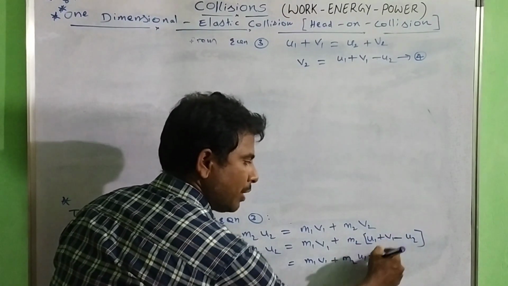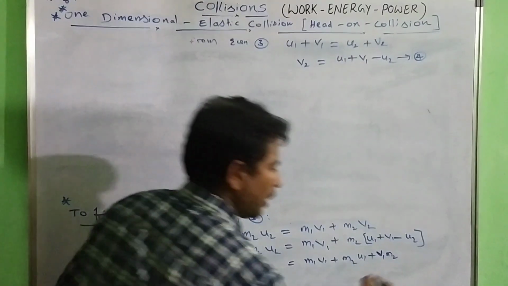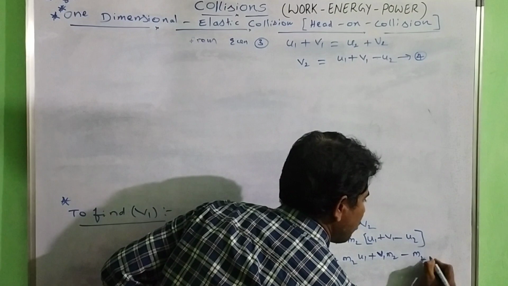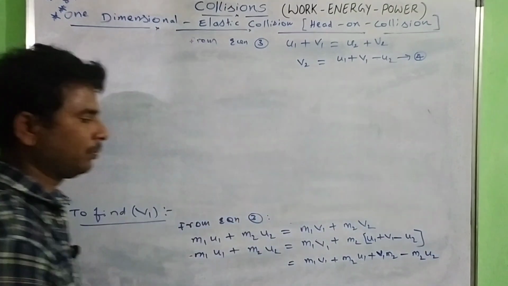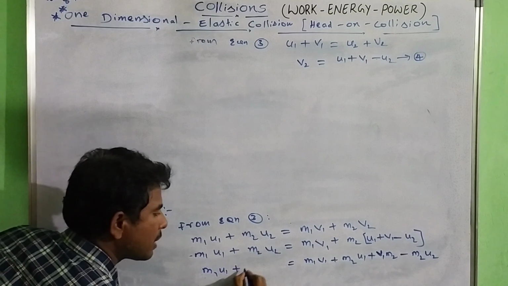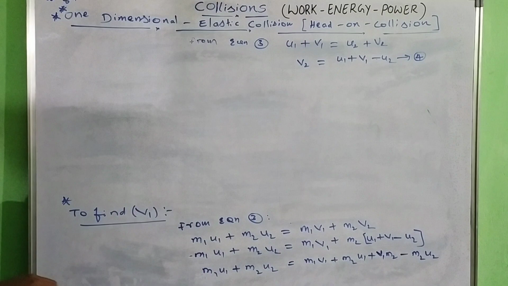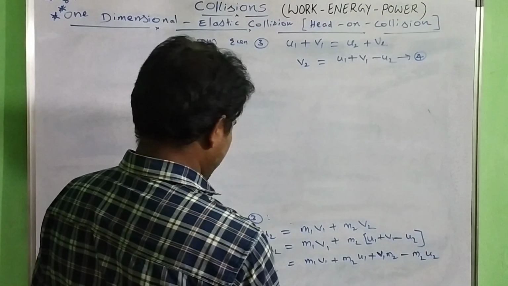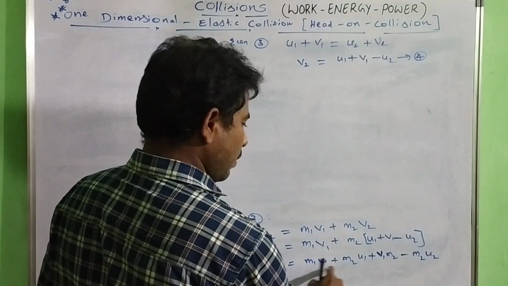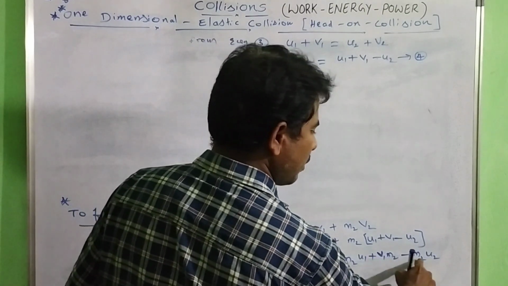Again substituting, m1 u1 plus m2 u2 equals m1 v1 plus m2 u1 plus m2 v1 minus m2 u2.